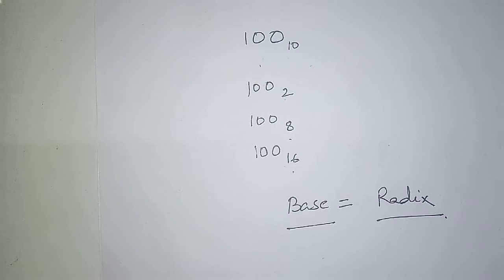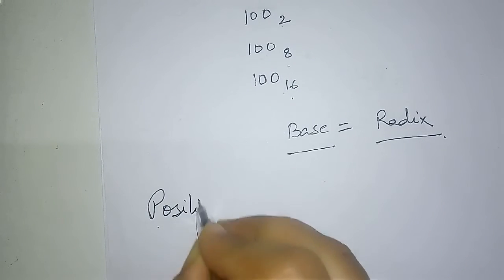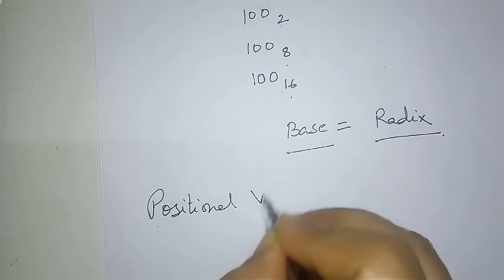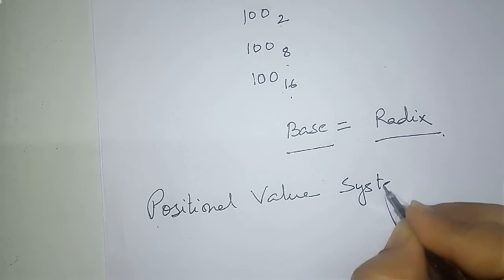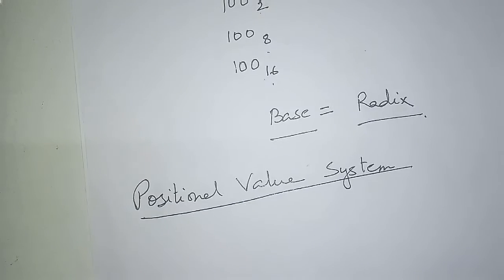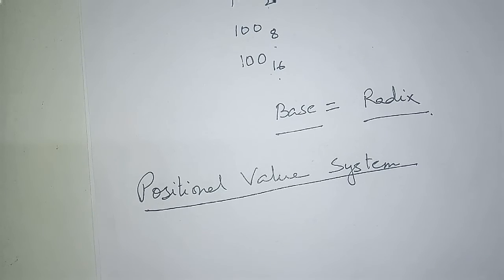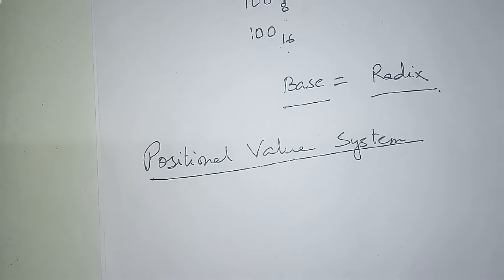Next, we are going to move towards the positional value system. What is this positional value system? Every digit of the number has some positional value. First of all, we are going to take the example of the decimal number system only. The decimal number system is also called a positional value system, which means that the value of each digit depends upon its position.